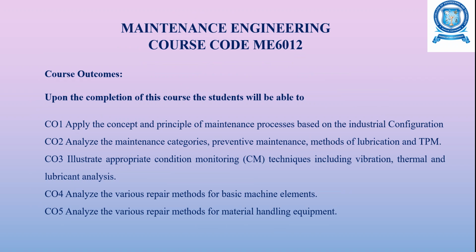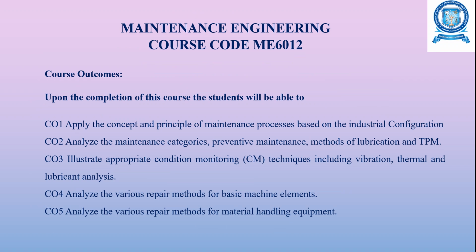Coming to the course outcomes, upon the completion of this course, the students will be able to apply the concept and principles of maintenance processes based on the industrial configuration upon completion of Unit 1. After completion of Unit 2, the students will be able to analyze the maintenance categories, preventive maintenance, methods of lubrication, and TPM.